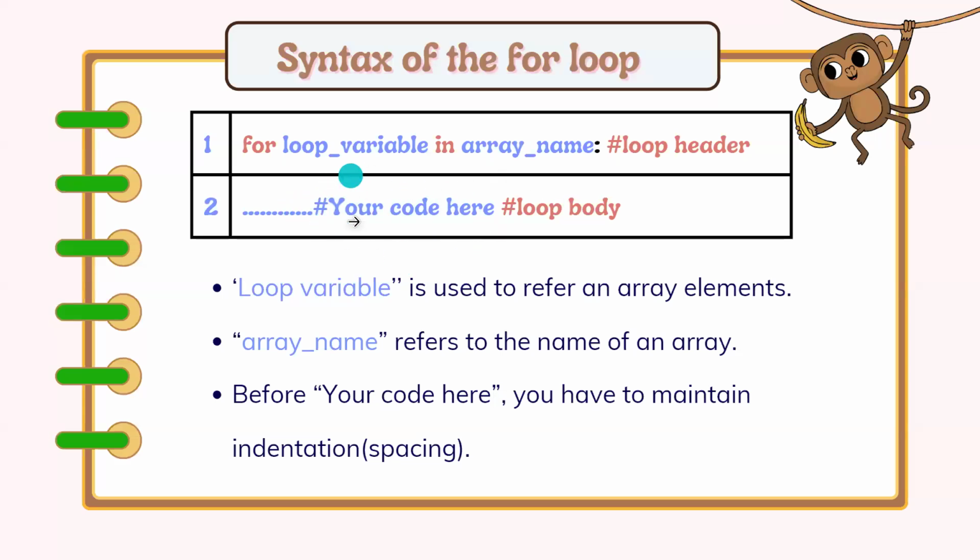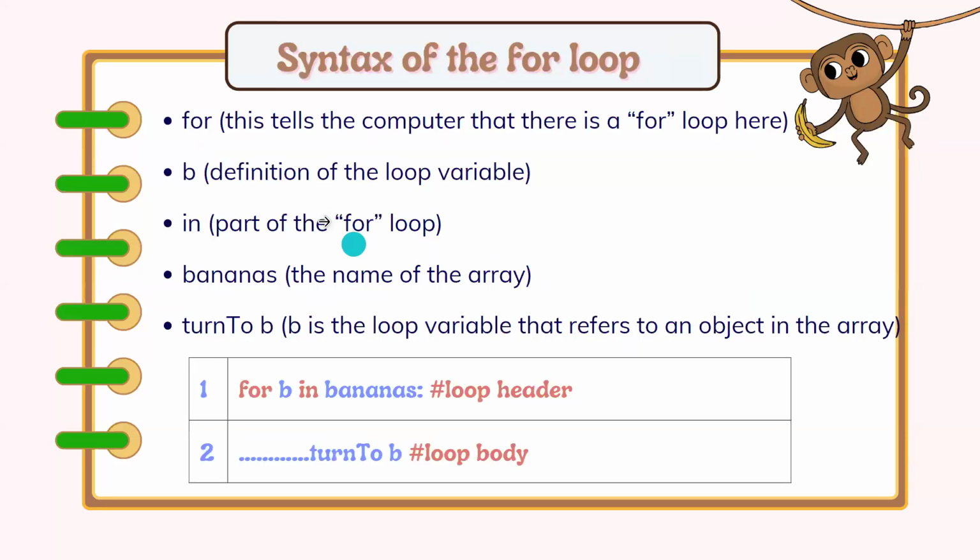You should write the code inside the for loop, with the indentation, otherwise the program will not run, because programs are quite sensitive to spaces. Here in the explanation, the for tells the computer that there is a for loop here, that I am now using the for loop.